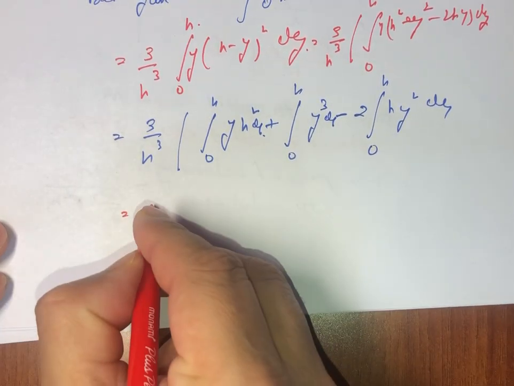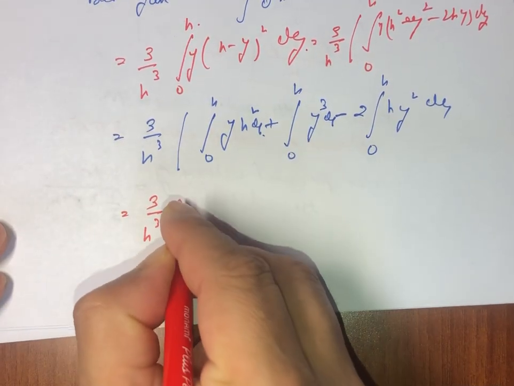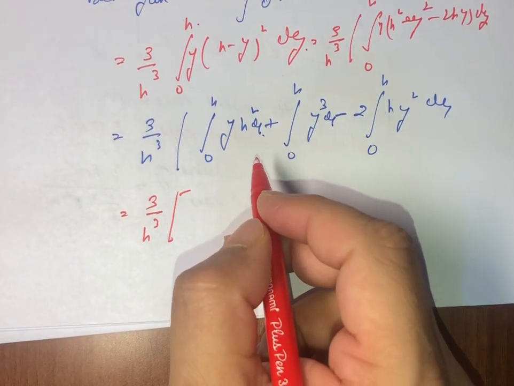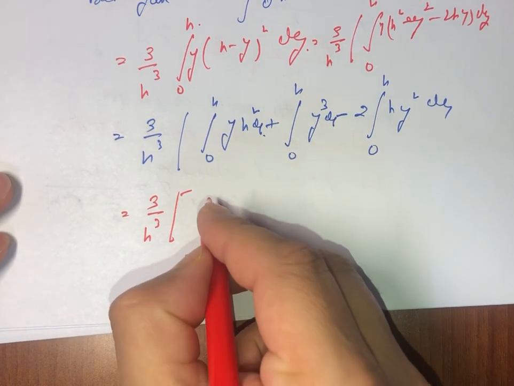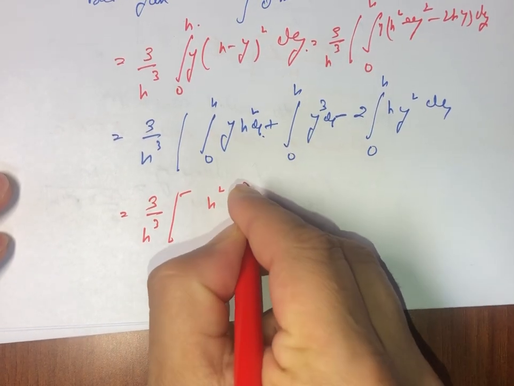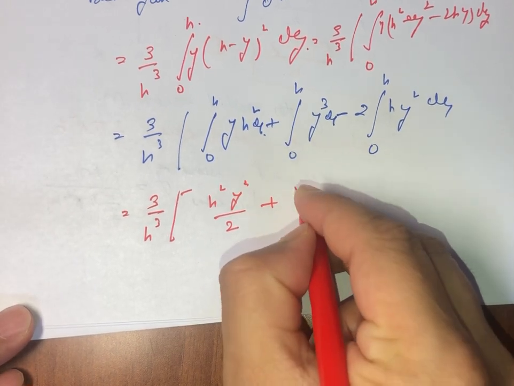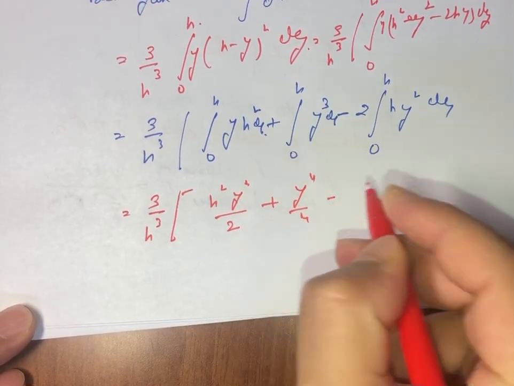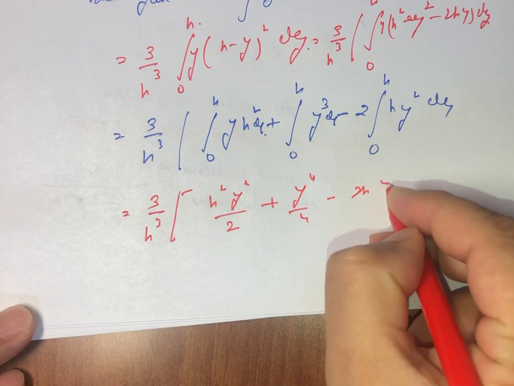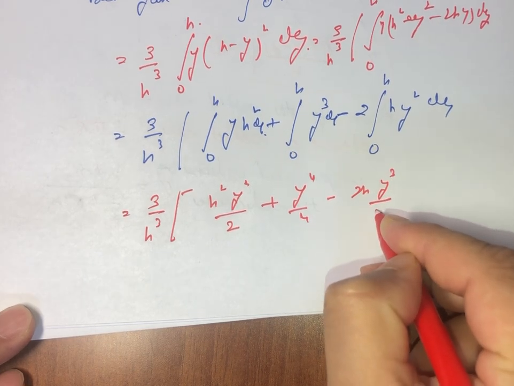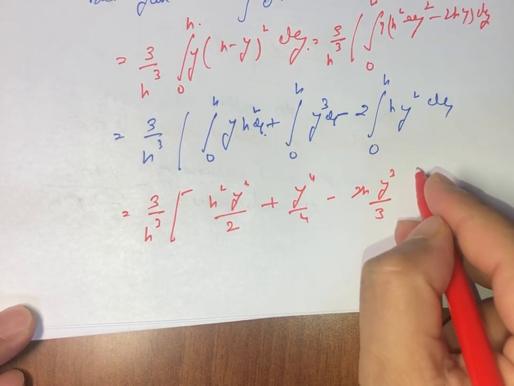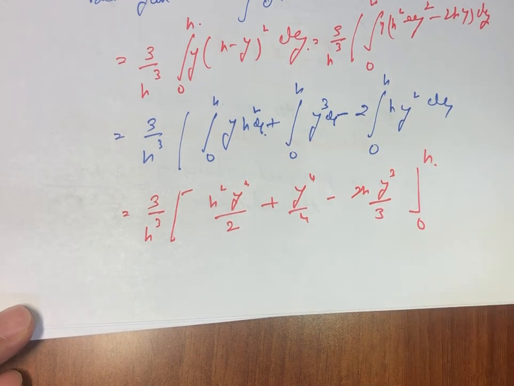Now it is simple integration. Upon h cube, we are going to get h square y square upon 2, plus y4 upon 4, minus 2h y cube upon 3, and the limits are from 0 to h.